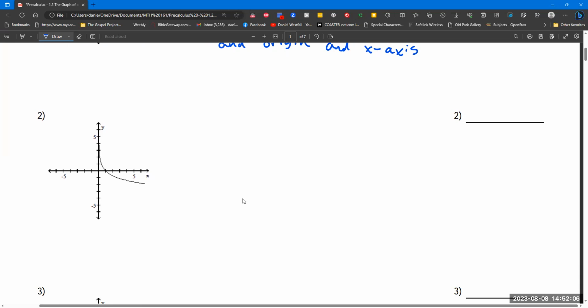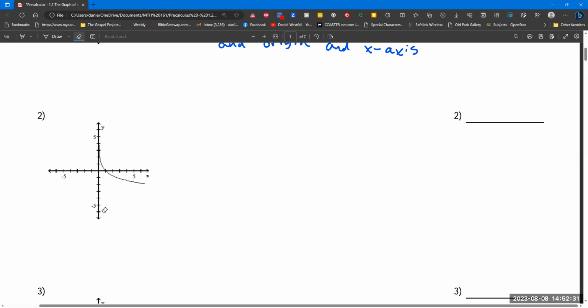This is a function. It's going to pass the vertical line test. You can't tell very well, but this is approaching this vertical asymptote here. It's a function that's getting closer. Let me clear the drawing and zoom in here so you can see that a little bit better.